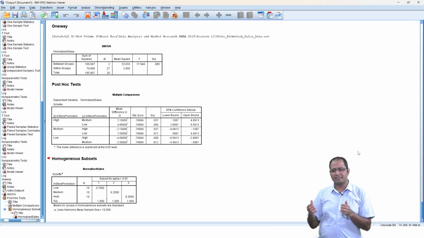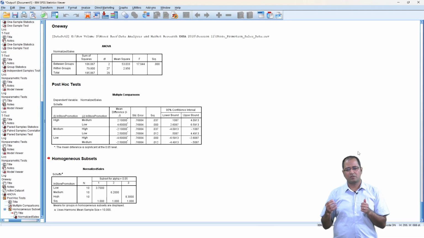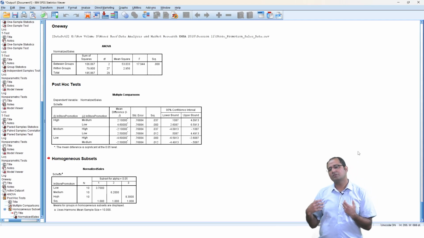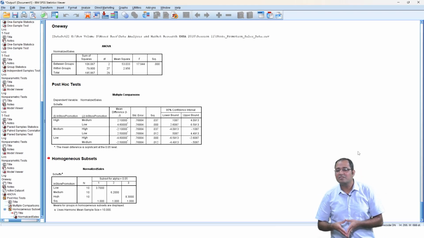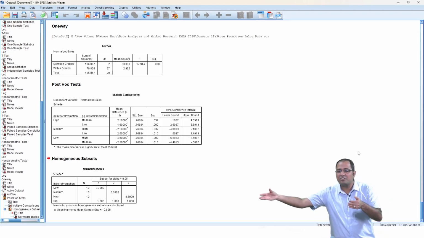Between two different cities, you are seeing how much sales there is for a particular brand, right? Now the problem is what you are generalizing it to. Each city is a nominal sort of variable, right?